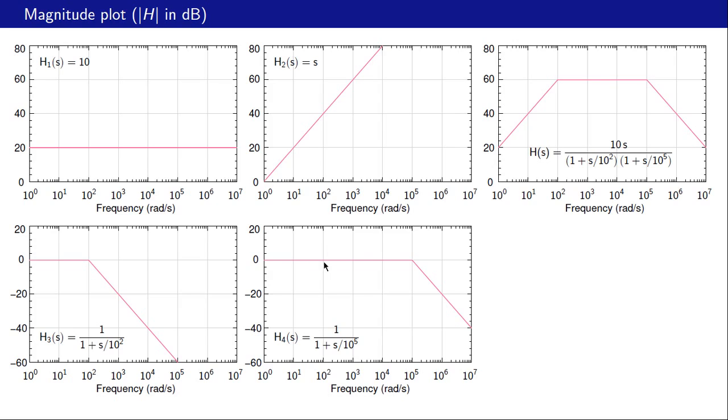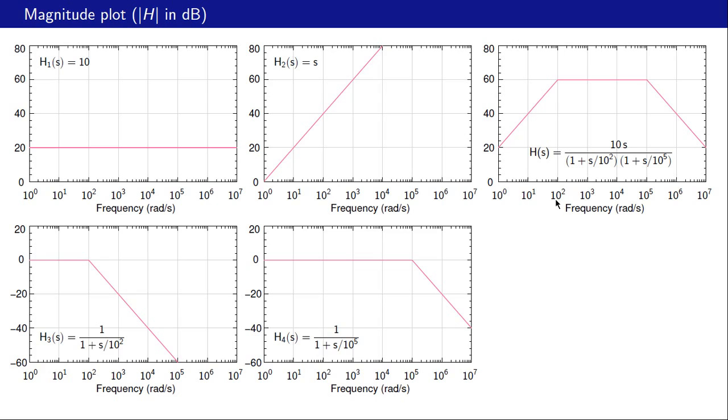So the net slope is going to be the sum of all these slopes, which is in this case the same as this slope, that is 20 dB per decade. So up to 10 raised to 2, up to this pole, that situation is going to prevail. So we draw a straight line with a slope of 20 dB per decade, and we stop at this point, because now things are going to change, because this H3 is going to change.